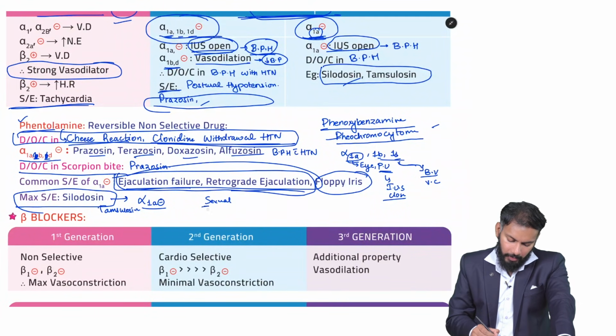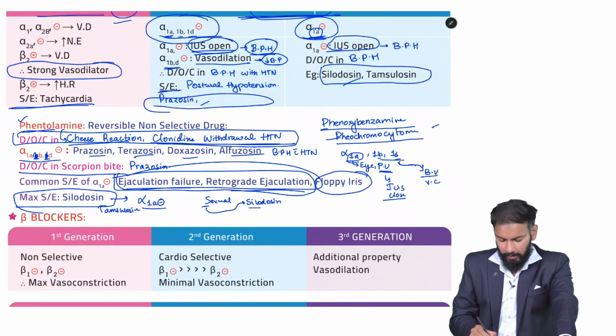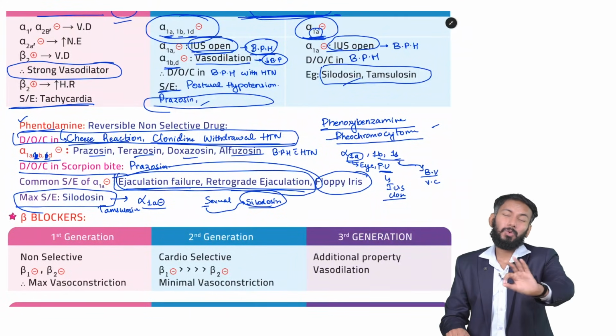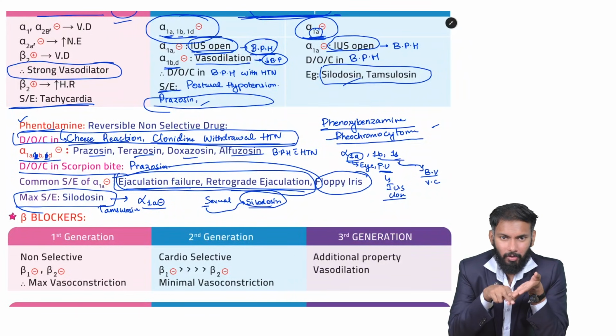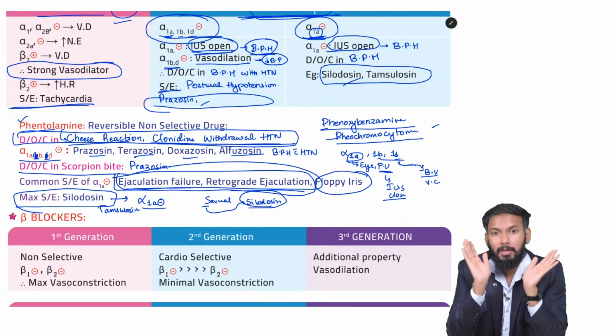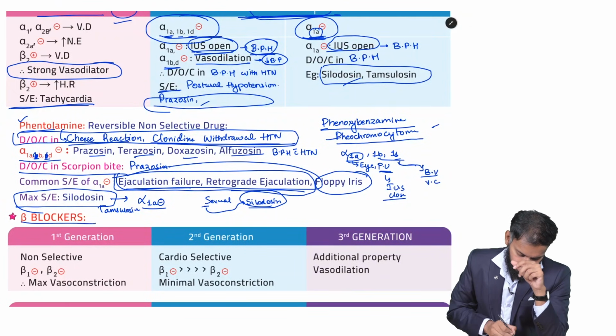So sexual side effects, S for S, maximum in silodosin. Very, very, very important topic. Most probably they'll ask you about the alpha blockers. If they're asking about the non-selective ones, it should be phentolamine or phenoxybenzamine. If they're asking about the selective ones, it can be prazosin or the other one is silodosin, tamsulosin. Did you understand? So next, going to the beta blockers.